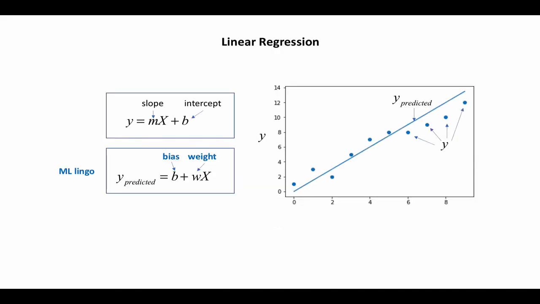So like every other field, machine learning has its own set of terms. What you normally think of here is linear regression with m as a slope and b as an intercept.